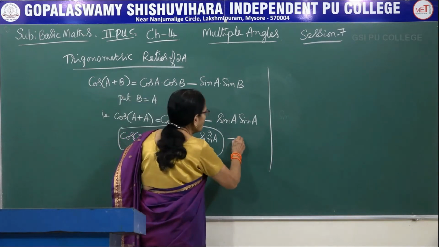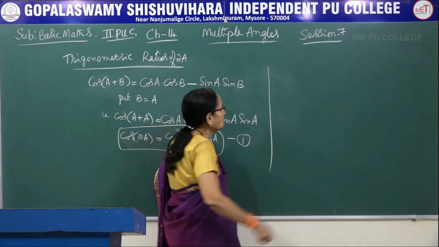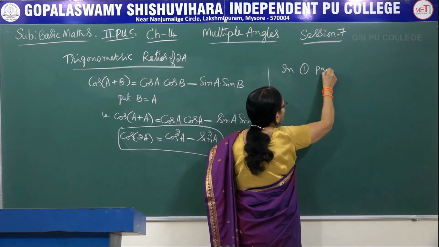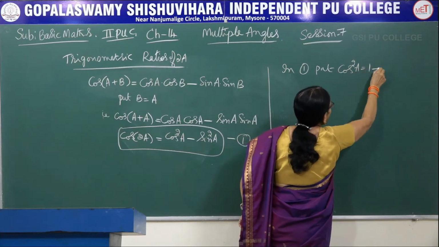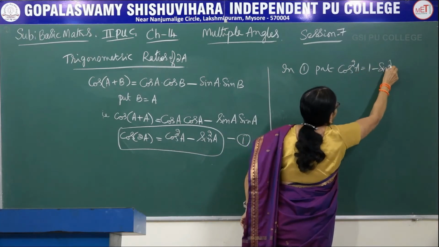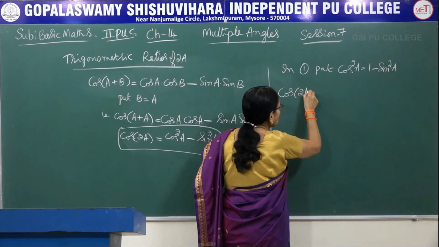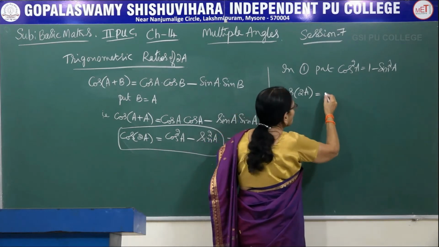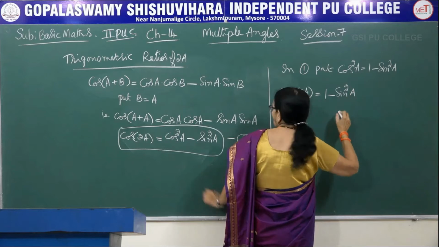Let me give a number for this one. Take it as say 1. Now here in 1 put cos square a as 1 minus sin square a. Then the left hand side is same, no change in that one. So in the first term, that is cos square a, you write it as 1 minus sin square a here.